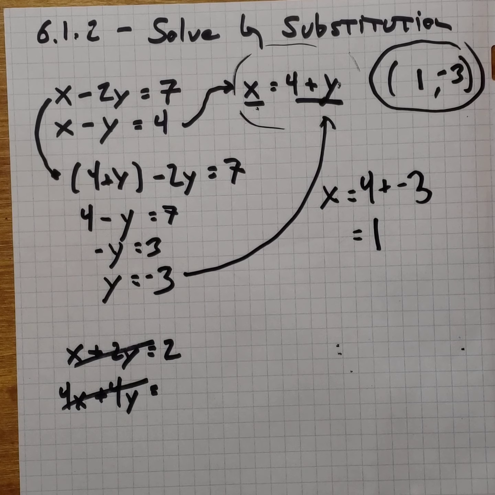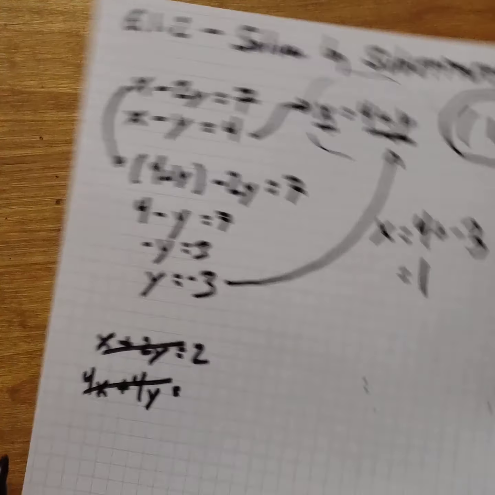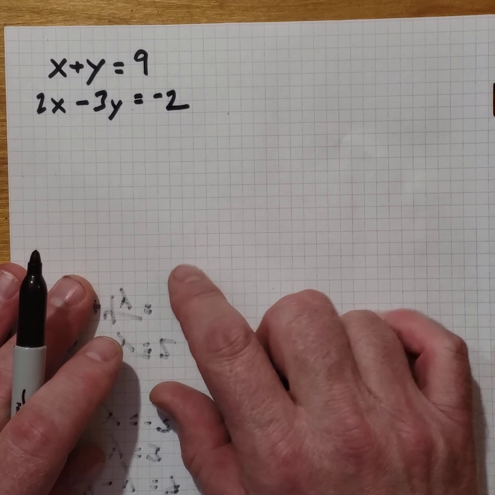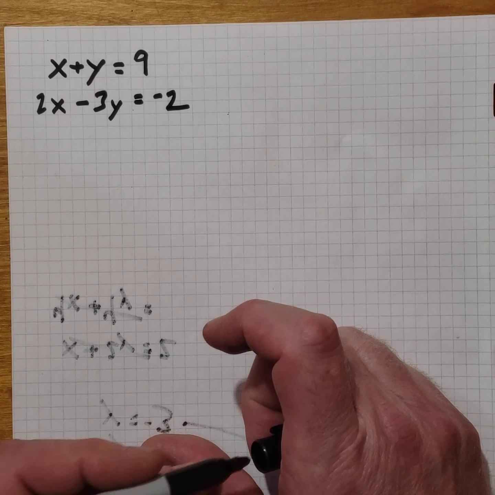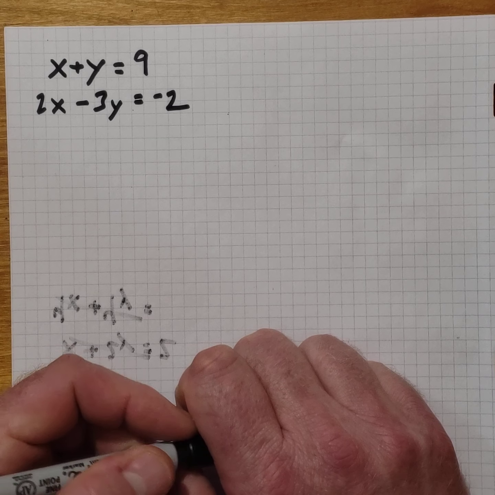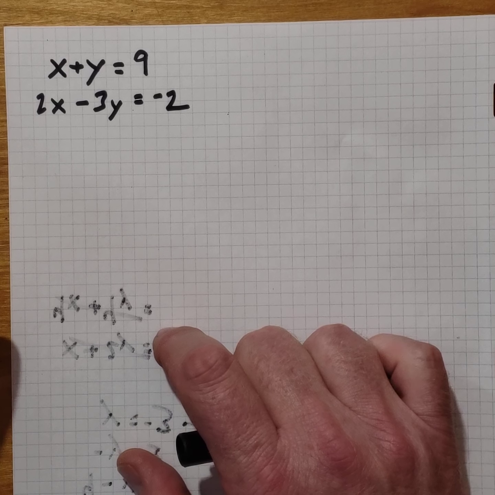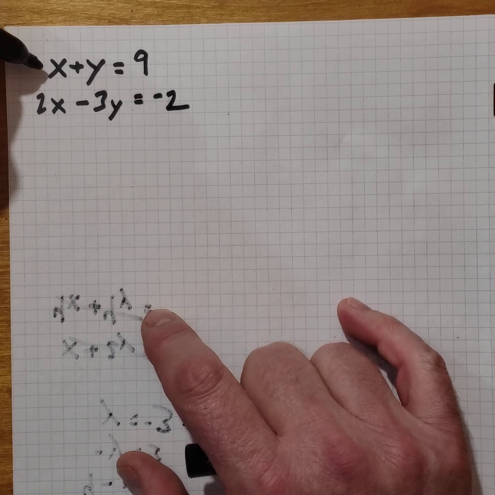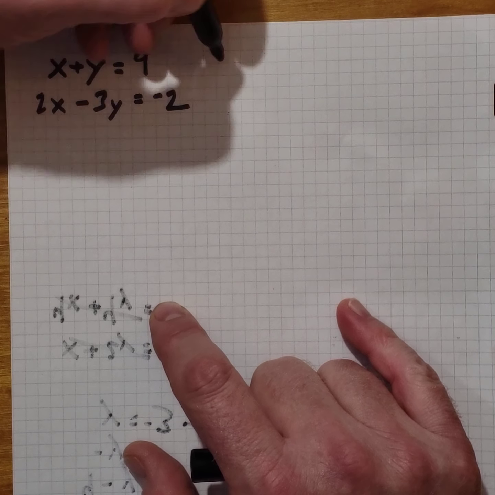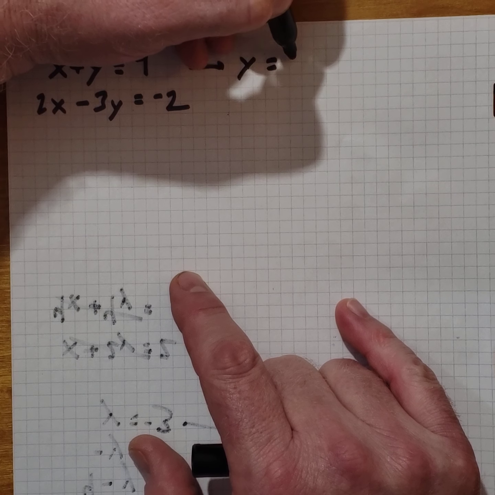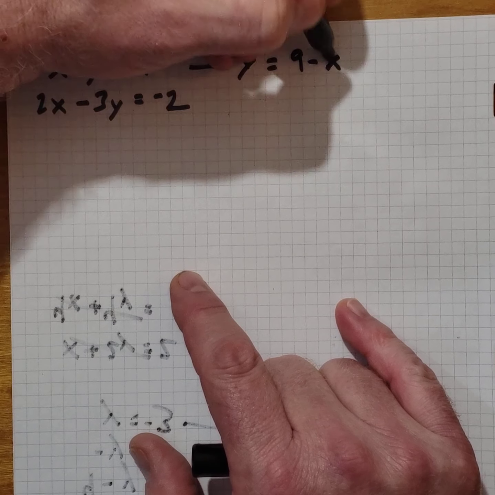All right, let's do one more of those. Got a system x plus y is 9, and 2x minus 3y is negative 2. Both of these have a number in front of them. They have a coefficient. Here, neither one does. So I'm going to rearrange this one this time to be y equals 9 minus x, right?